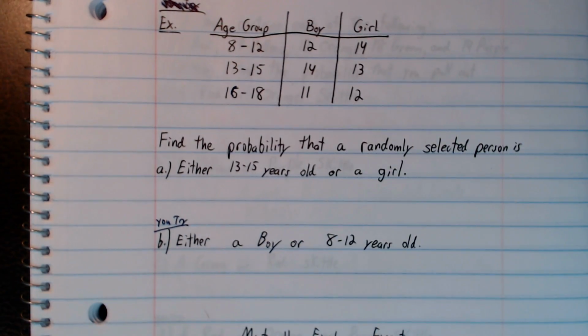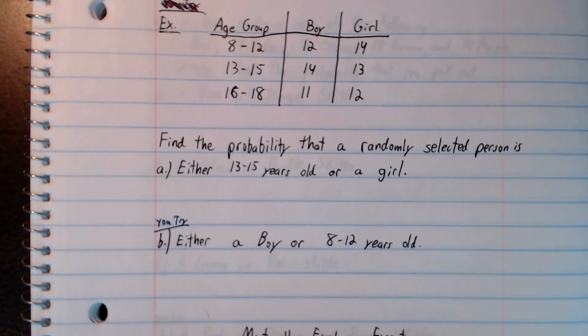They want us to find the probability that a randomly selected person is either 13 to 15 years old or a girl. Well, what we need to know is the total number of people we're working with, and then we need to know certain things like age group totals and boy-girl totals. So let's just kind of go through that real quick.